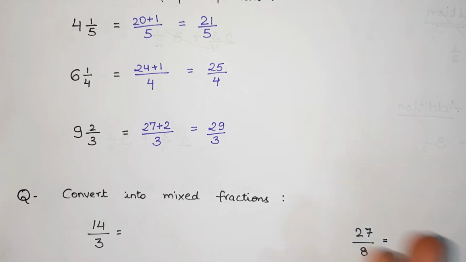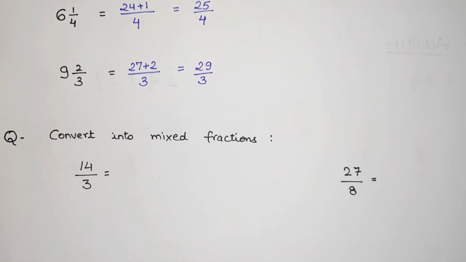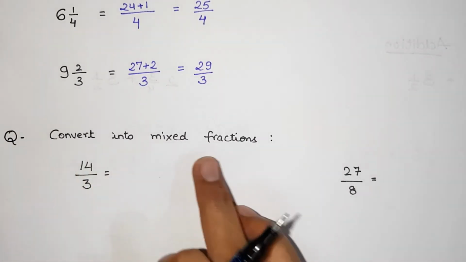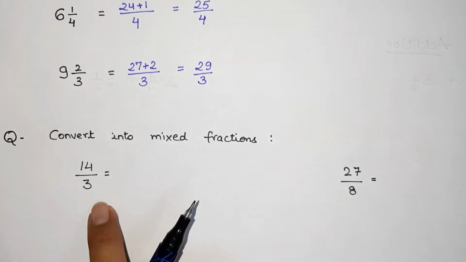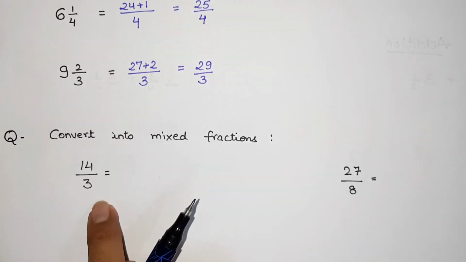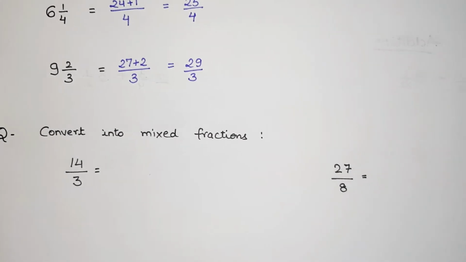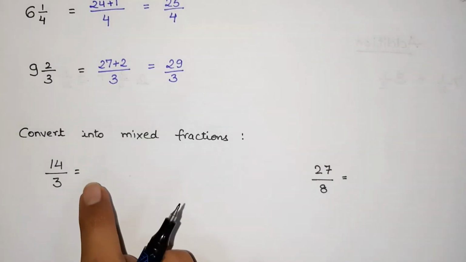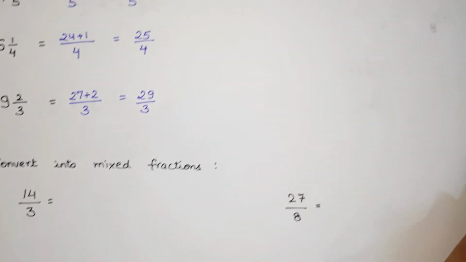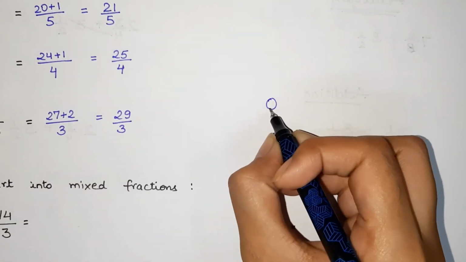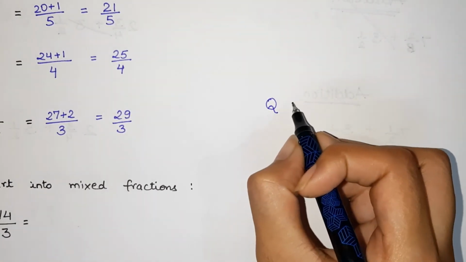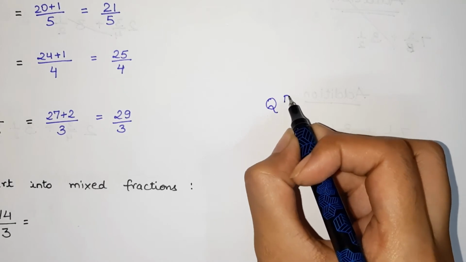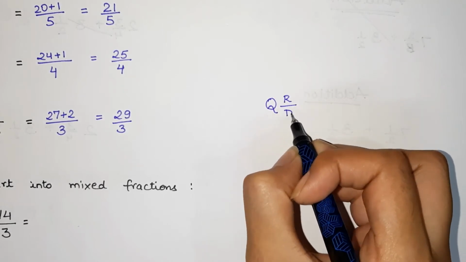And now the opposite one. How can we convert into mixed fractions? This is an improper fraction and we have to convert it into a mixed fraction. How can we convert it? For this, we just have to remember that we have to write it as quotient, remainder upon divisor.